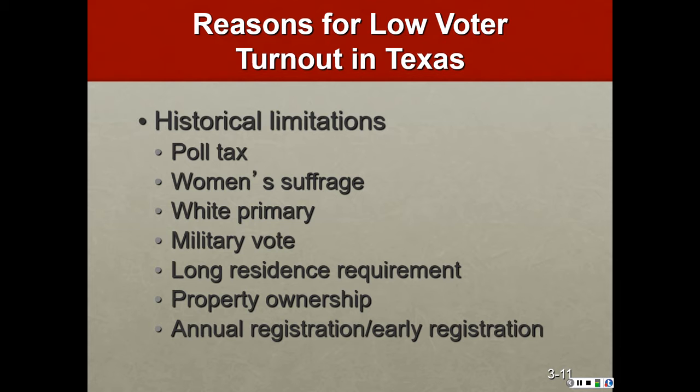We used to have annual registration. You had to register every year to vote. Or the early registration. You have to be registered within 30 days. Sometimes this could provide an obstacle to people wanting to vote.